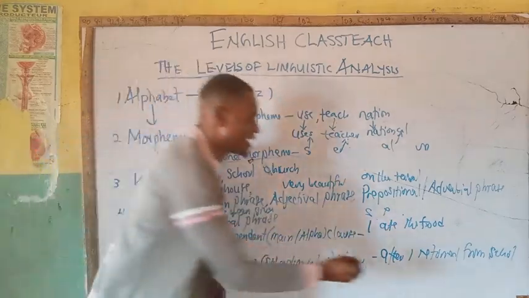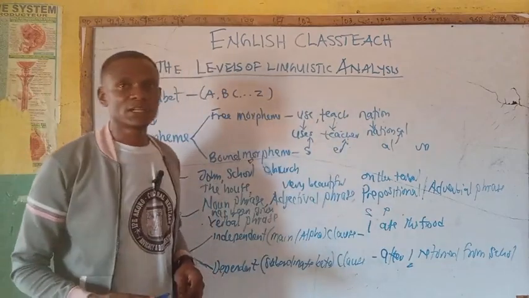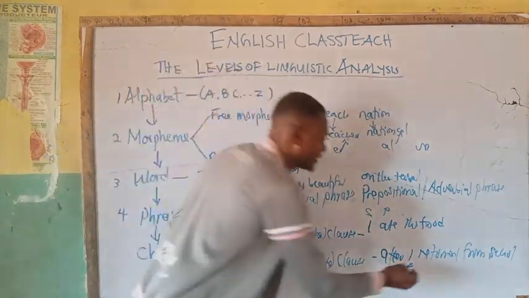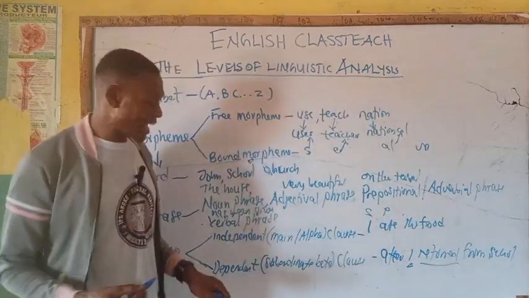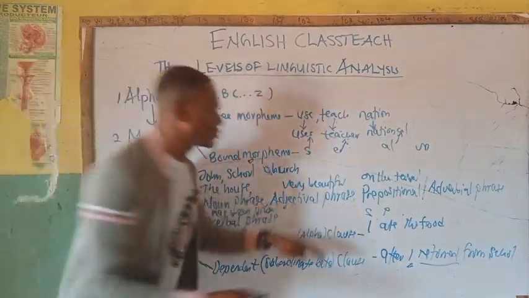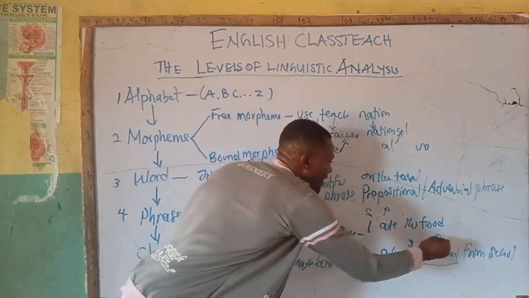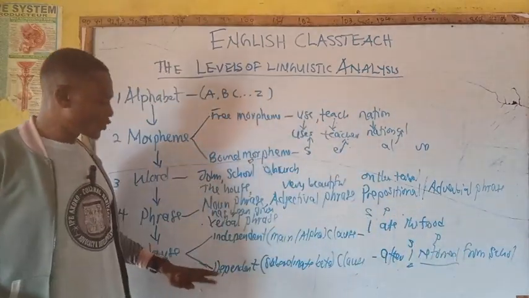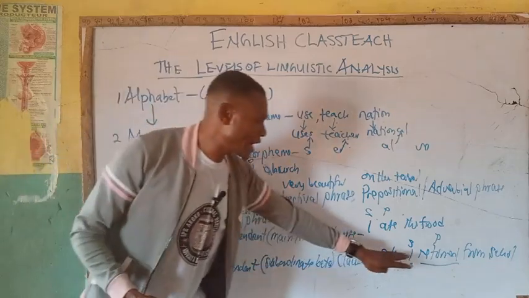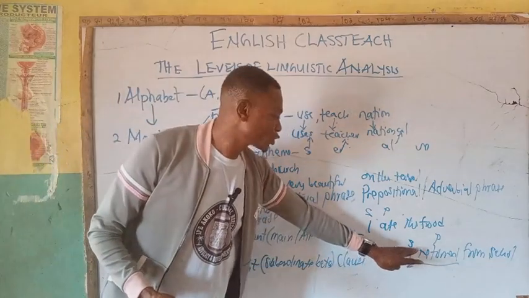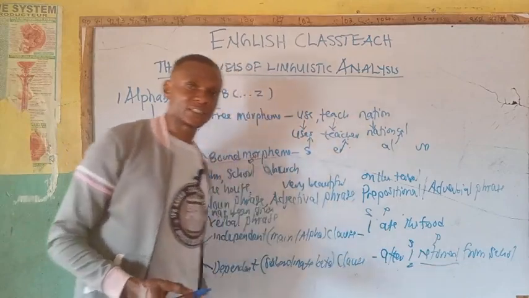Now the subject here is I, while the predicate is return. Can you see that as the main clause has a subject and predicate, likewise the subordinate clause also has a subject and predicate? Are you going with me?